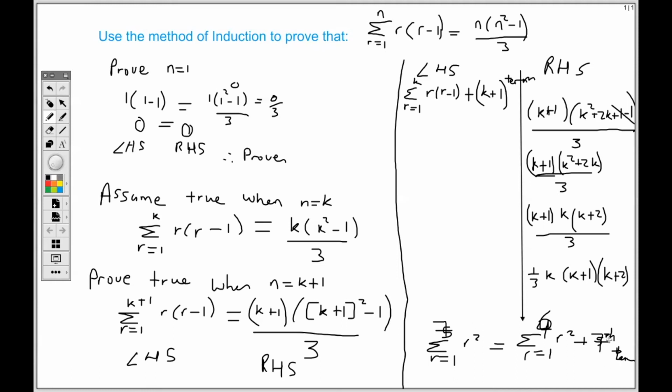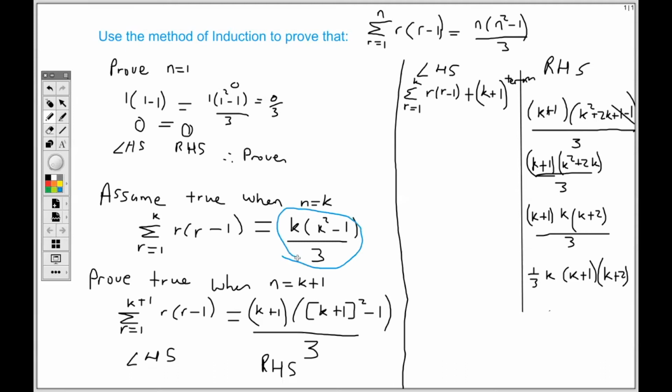Now the first part is the assumption that was made. So summation from 1 to k, I will use the assumption that I have here, assume true for n equals k, and then the k plus 1 term we'll get from r times r minus 1.